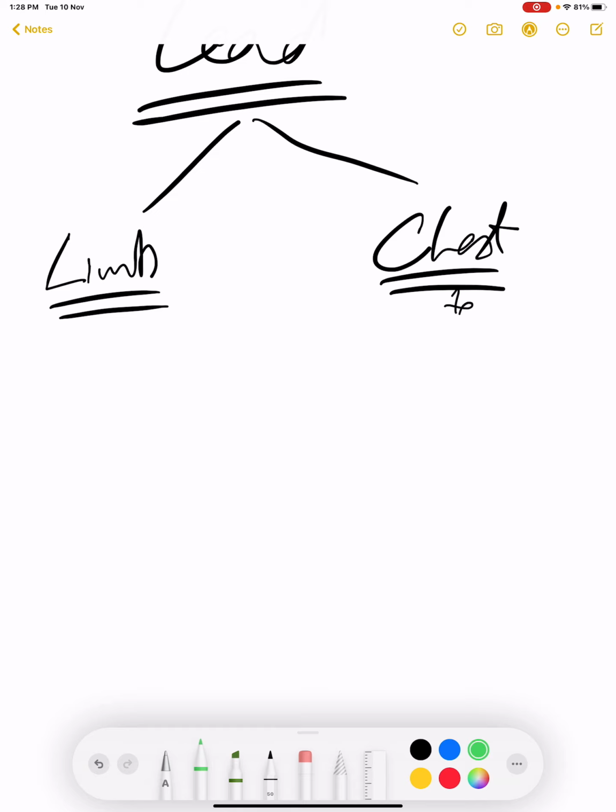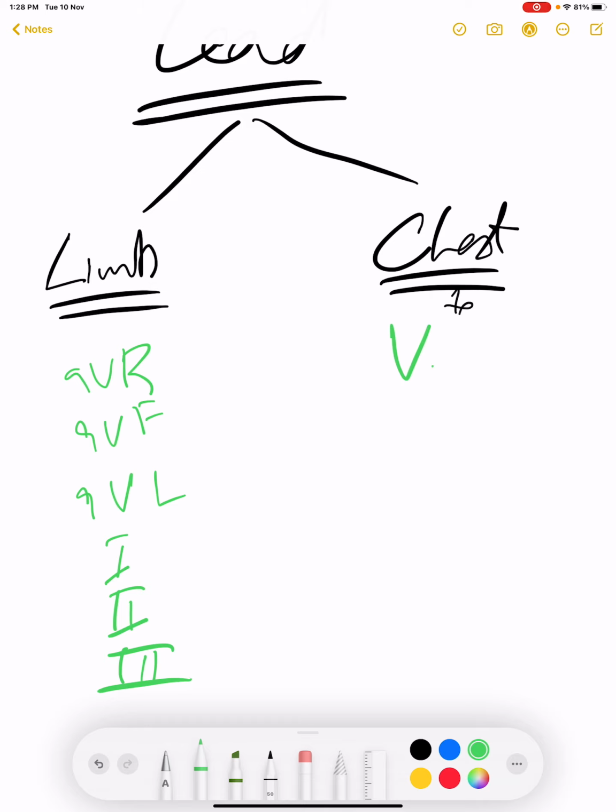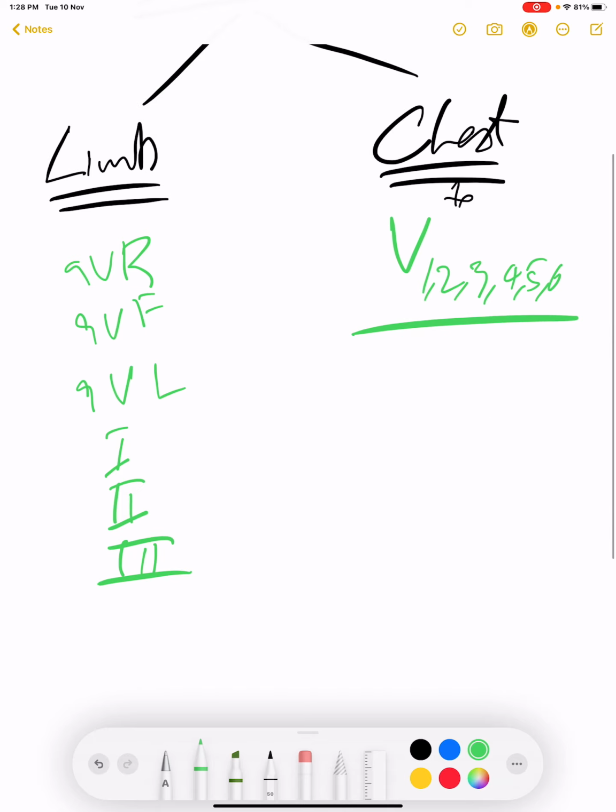That is the simple thing. And we know that limb leads include AVR, AVF, AVL, lead 1, 2 and 3, while chest leads are V1, 2, 3, 4, 5 and 6. These are the chest leads.